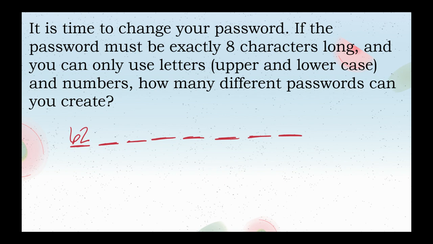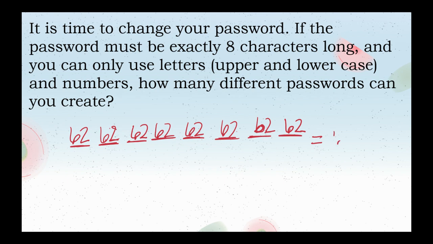Now, it doesn't say anything about repetition, so it seems like you could do A A A A if you wanted to, which means that you have 62 options for all of these. So for all 8 characters of your password, you have 62 options. To find the total number of combinations, we're going to multiply those 62s together.